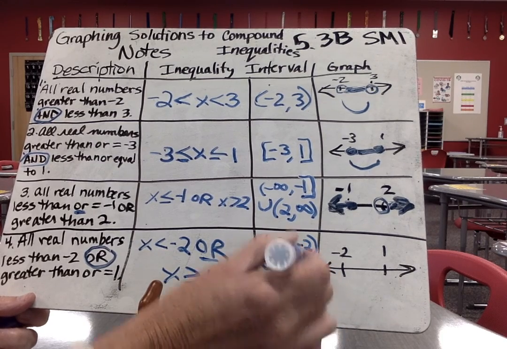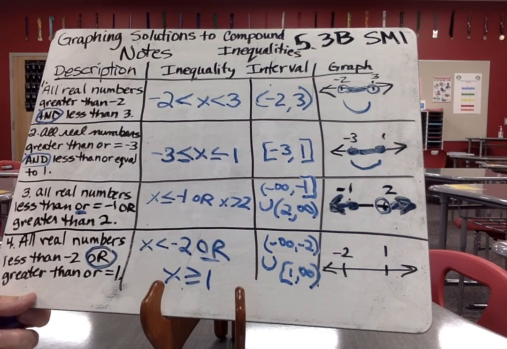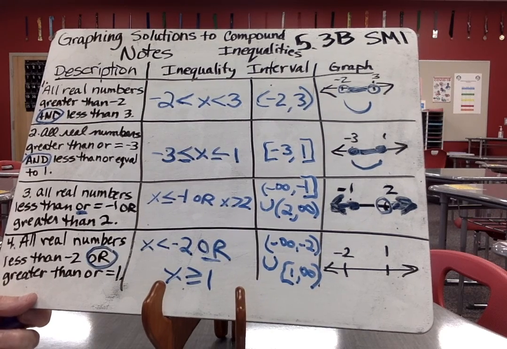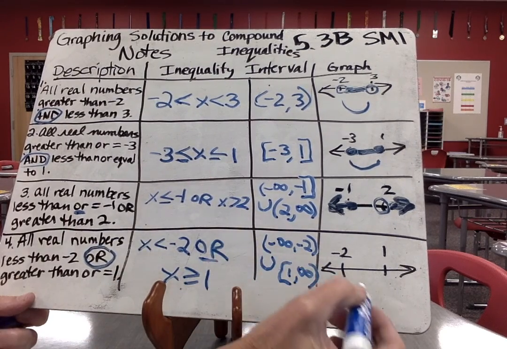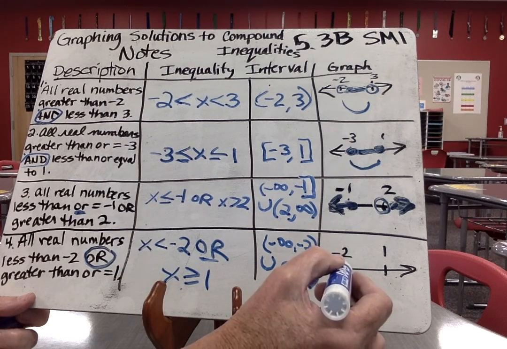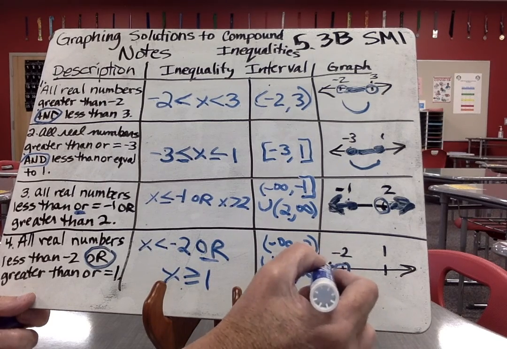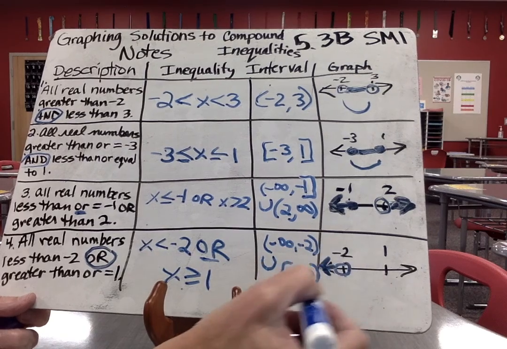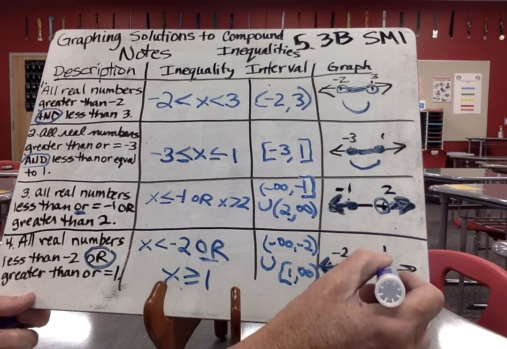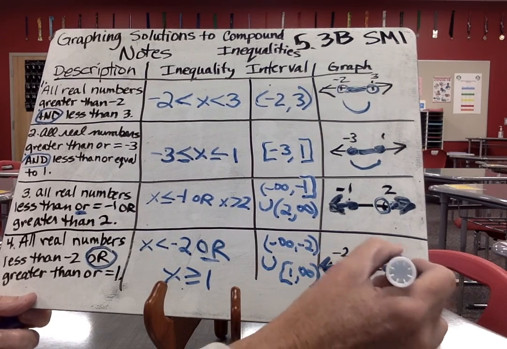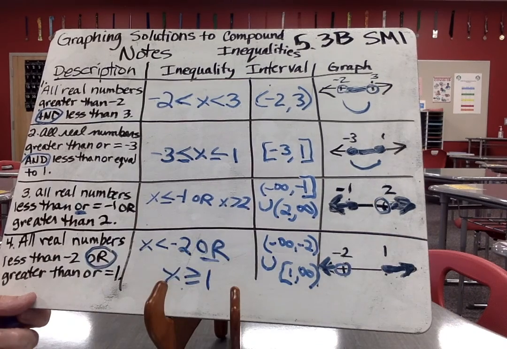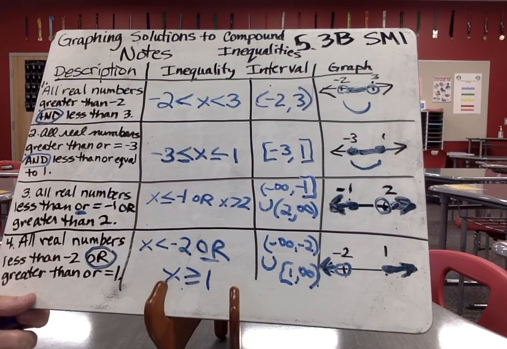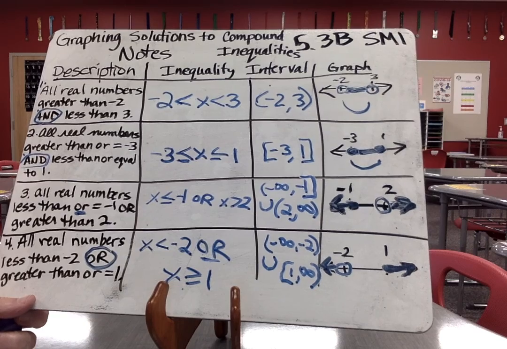And again, parentheses on all the infinities. For all real numbers less than -2, this is going to be an open dot shaded to the left, and then from 1 to infinity, and 1 is included. Hopefully my hand didn't get in the way too much, and you've got all that.